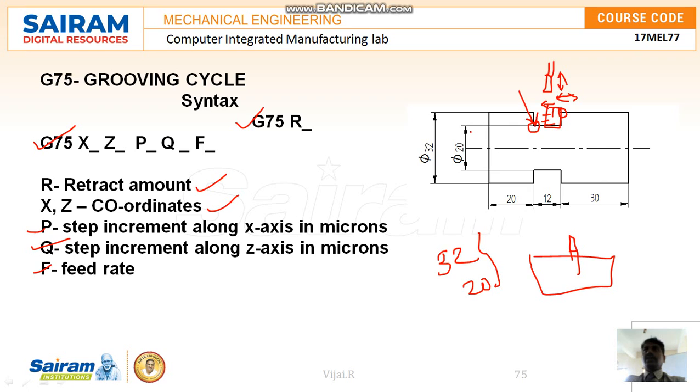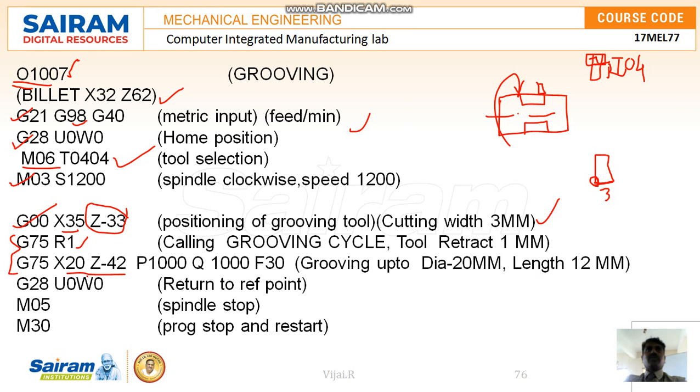So we write G75 X20 Z minus 42. Then we finish this program with G28 U0 W0, M05 and M30. M05 is the spindle stop and M30 is the program stop and restart. This way we finish this grooving cycle.